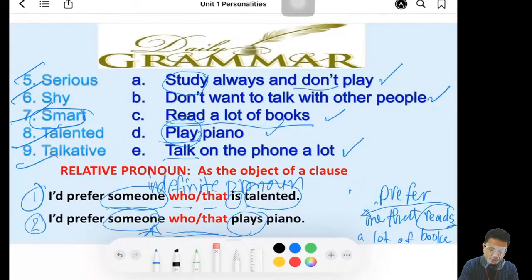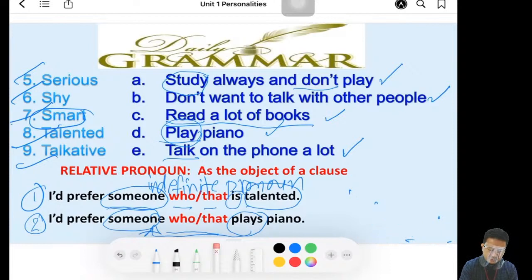Now, let's try to have another example. Using the word serious. You can also say, I would not prefer if it's a negative statement or negative sentence. If you don't like someone who has a personality of being serious, being shy, or being talkative.